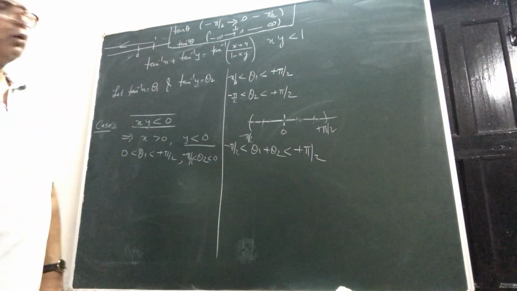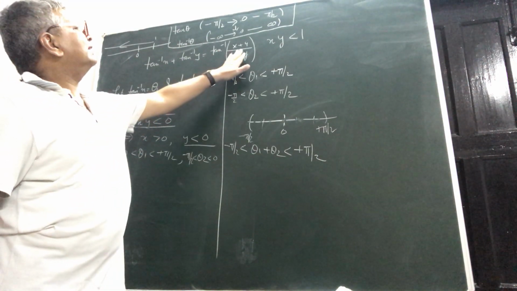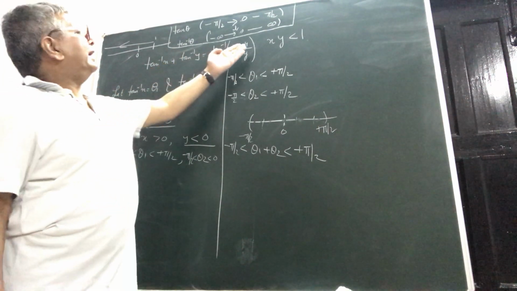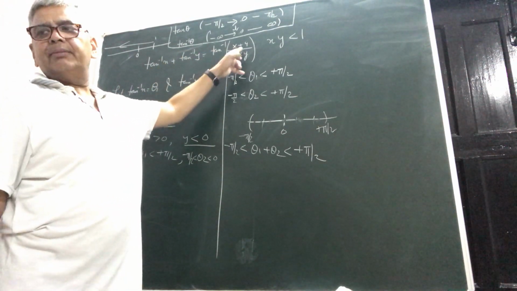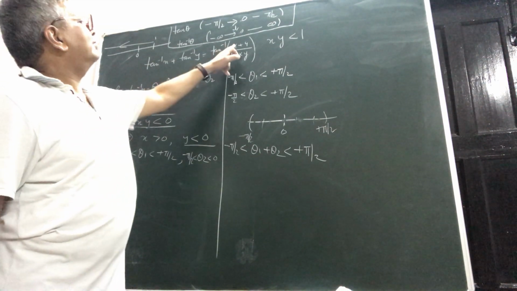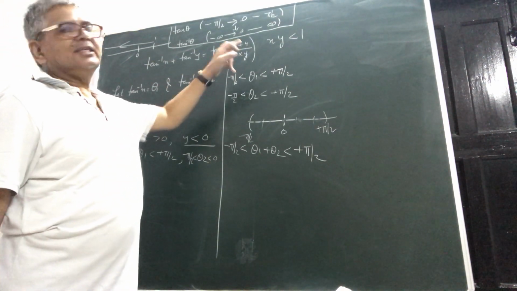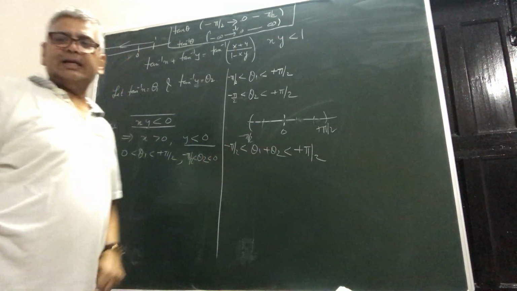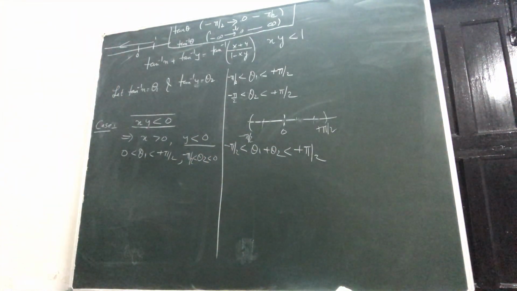Why are we so particular? Because it is nothing but tan of A plus B, which is tan A plus tan B upon 1 minus tan A tan B. Here x is tangent theta 1 and y is tangent theta 2. So we need to show that theta 1 plus theta 2 is embedded within the principal branch.